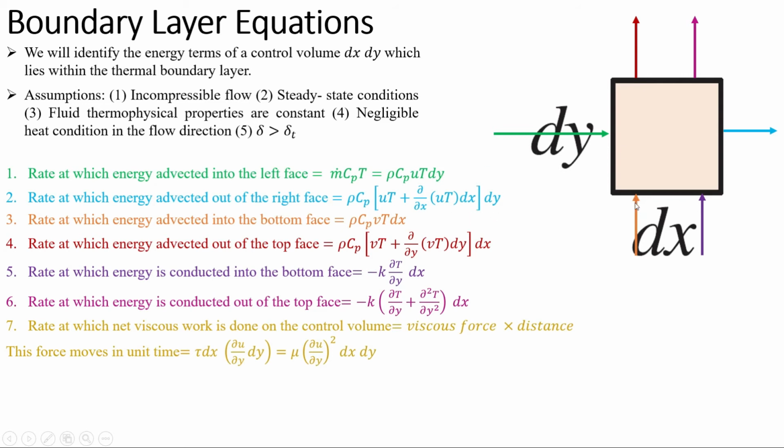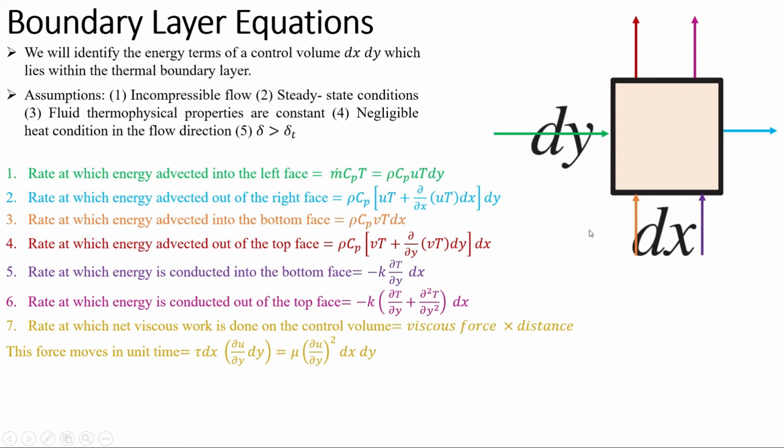Now we are moving towards this arrow, the orange one. It is the amount of heat advected into the bottom phase, and it is rho Cp vT dx. Rho is the fluid density, Cp is the specific heat at constant pressure, T is the temperature, and v is the velocity in y direction. And if you take unit depth, area will be dx into 1, and it will be simply dx.